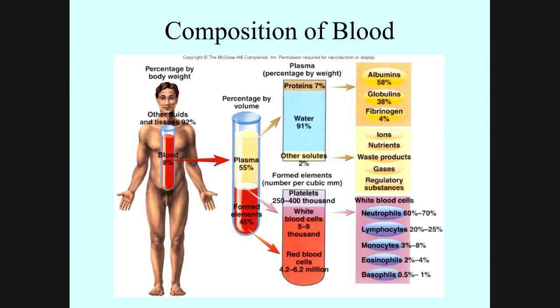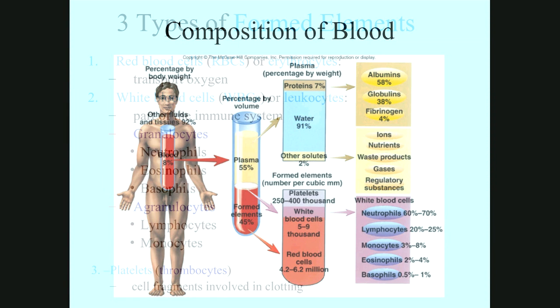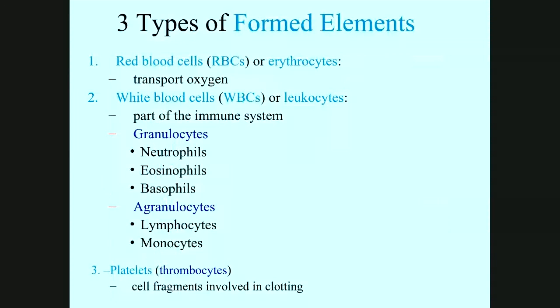The formed elements, that are 45% of our blood, are made by three types of cells: the platelets, the white blood cells, and the red blood cells. The red blood cells, or erythrocytes, have as major function to transport oxygen. The white blood cells, or leukocytes, remember that leukocyte means white cell.